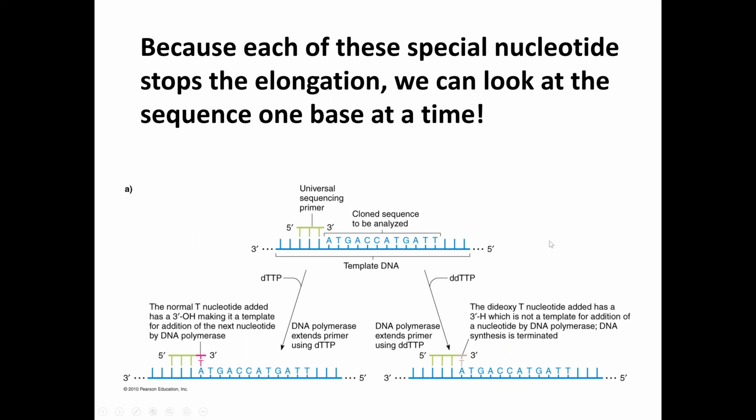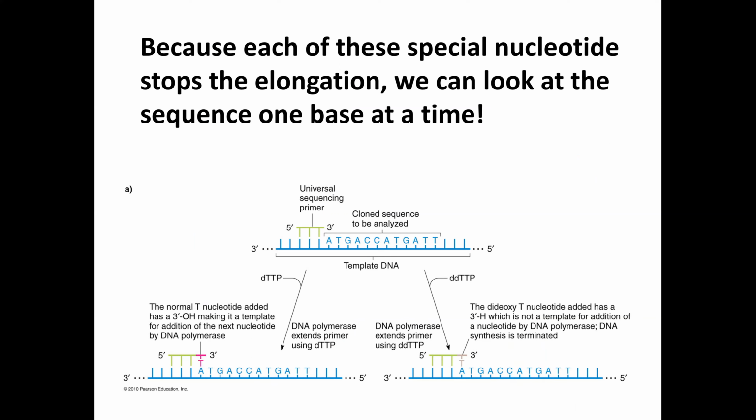So I think it's important to know what's in the tube for the sequencing reaction to get the whole picture. So here we have our template DNA. That would, of course, be in the tube, and our sequencing primer that will bind and serve as the template to synthesize from, again, this 3' in left to right direction.